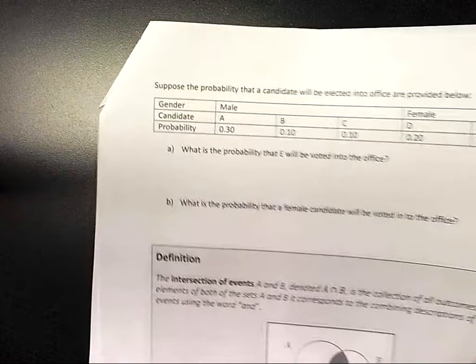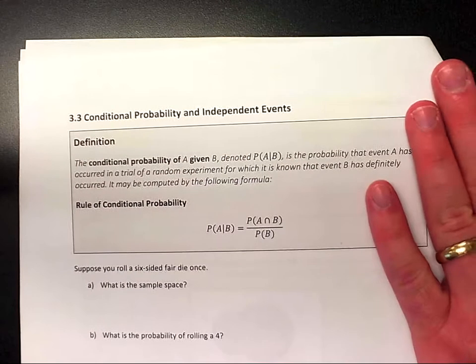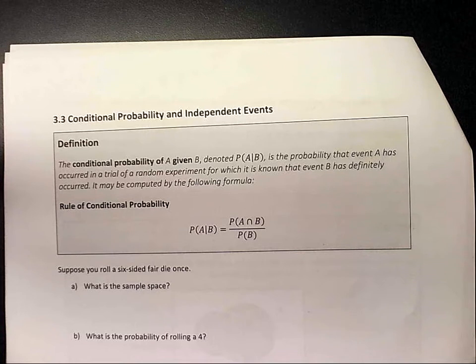Then we did this stuff right here. We did the unions. Then we got to conditional probability, and that's where we stopped. So let's jump in right here for conditional probability.